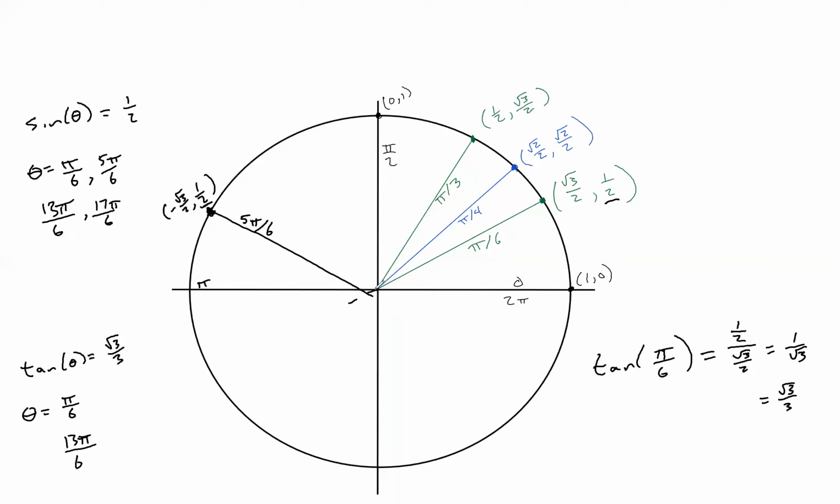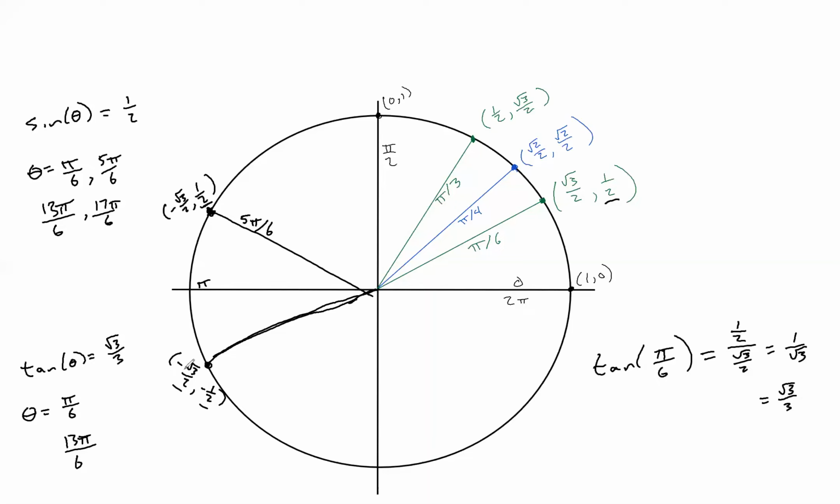If we go over to the opposite quadrant, we get the opposite point. So this point here would be negative root 3 over 2, negative 1/2. And if I do y divided by x, then I'm going to get my same answer because the negatives will cancel, right?